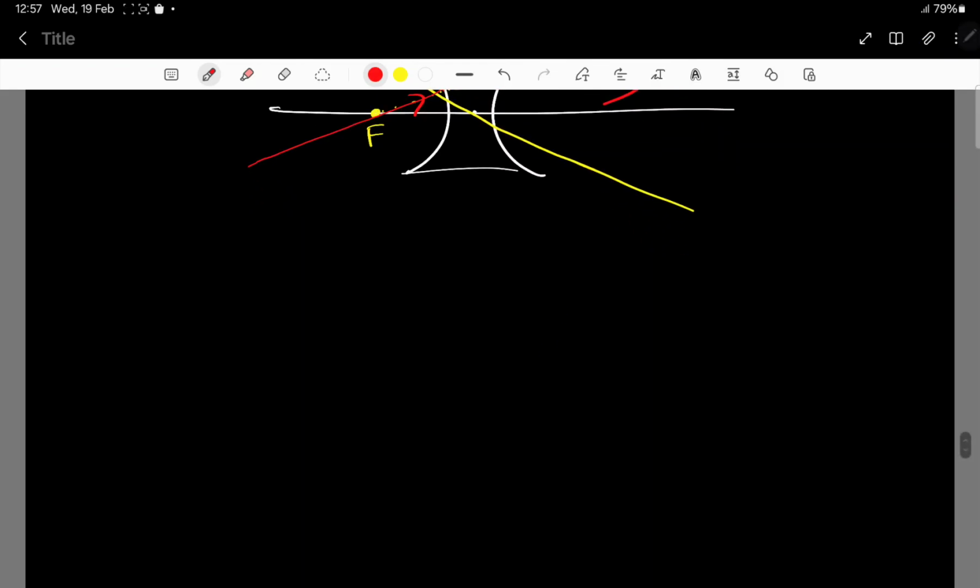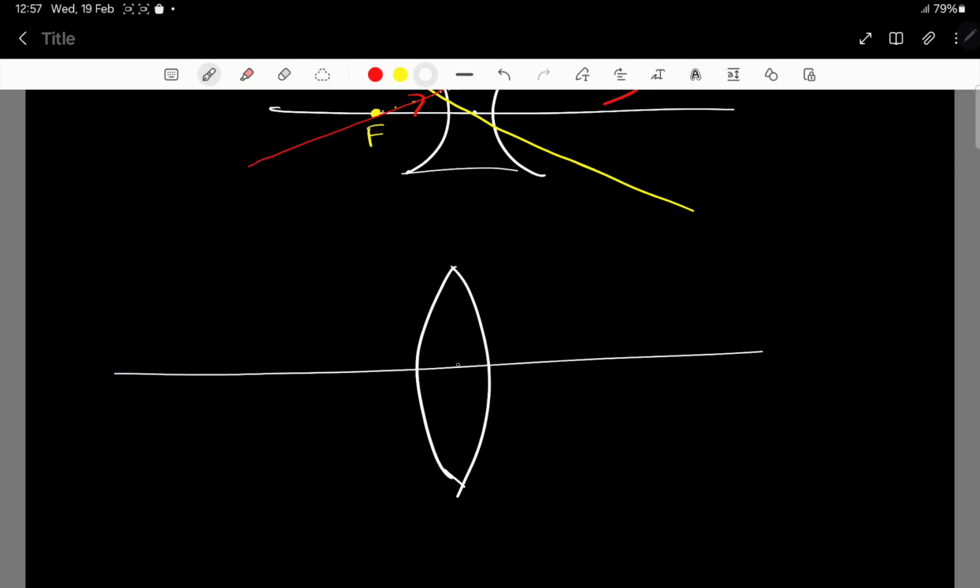Now we can consider the image formation diagram of a convex lens. Consider it's a convex lens. So it's a focal point, it's a center of curvature. I simply call them F, F, C, C. If you wish, you can call them F1, F2, C1, C2. That doesn't matter.